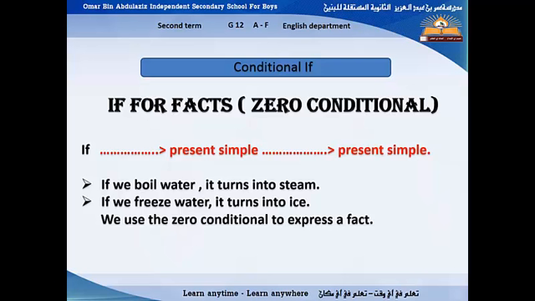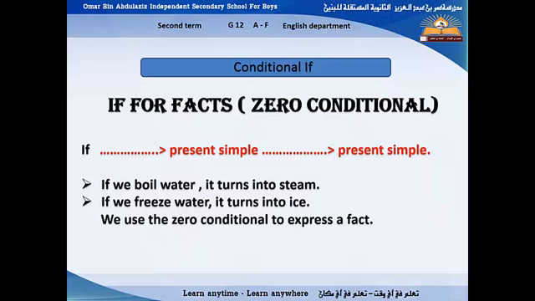I mean, if you do something, you have only one possibility, which is going to happen next. So we use this to express facts. In the structure of this case, we use present simple in the first sentence and present simple too in the second sentence. We have some examples of facts here. If we boil water, it turns into steam. How does this sentence express a fact?